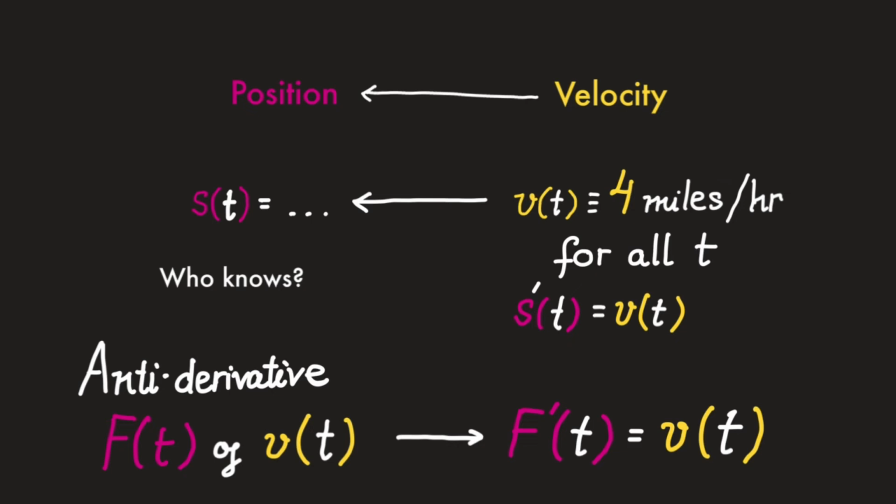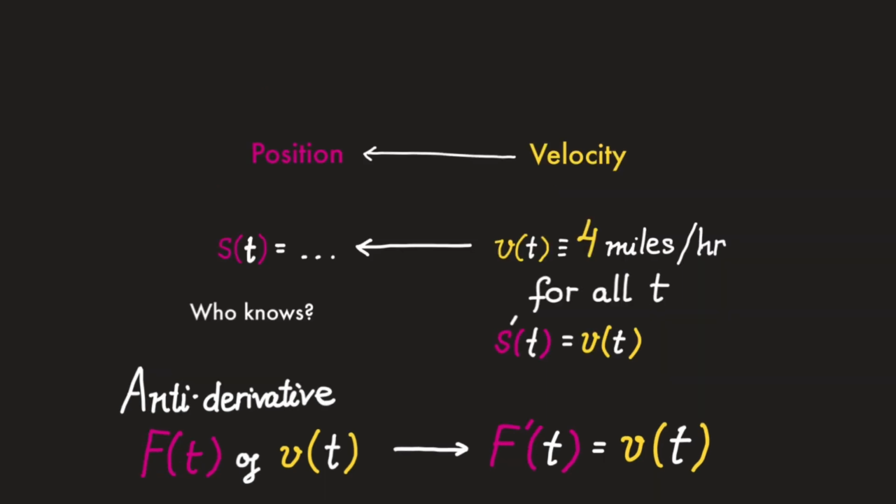So the antiderivatives of v(t) are exactly the position functions of all the people who run with exactly the same velocity as you did. At any time t, you're all running with velocity v(t). So that's what the antiderivative of v(t) means in this case.